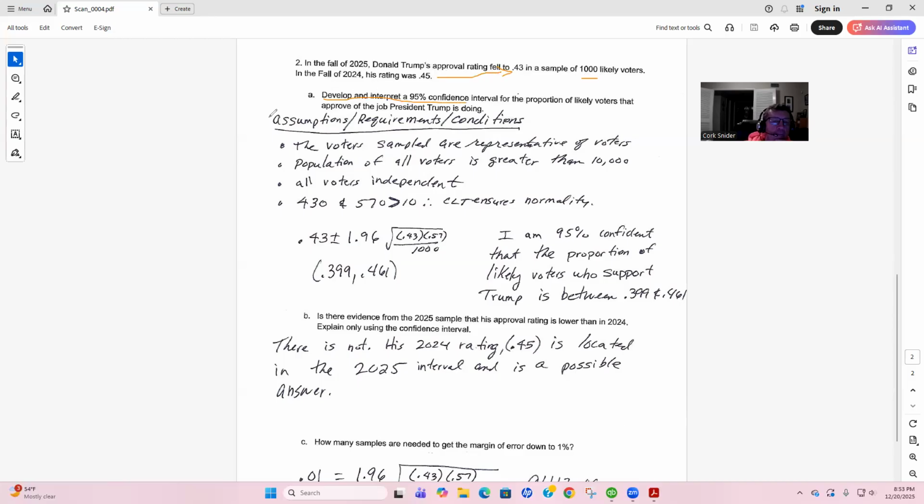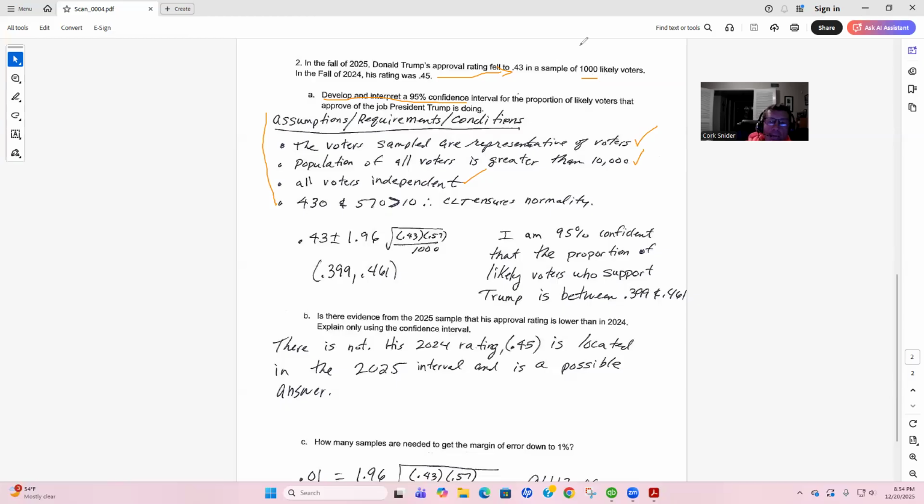Here we go again. First step is the assumptions. Assume the following. The voters sampled are representative. Check. We're good there. Population of all voters is greater than 10,000. I just multiplied this by 10. It's the 10% rule. Don't sample more than 10% of the population. All voters independent. This is np greater than 10 and n(1 minus p) greater than 10.